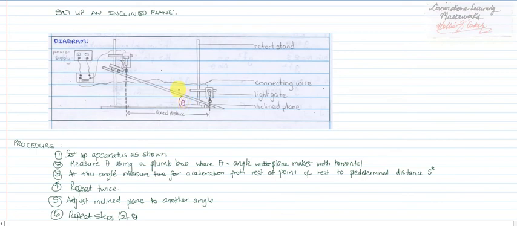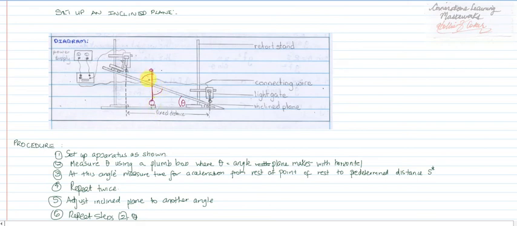The way you're going to do it is to hang a plumb bob, because it's very difficult to measure the angle directly. The plumb bob hangs perfectly vertical, and you take your protractor and measure this angle here. That angle is equal to this angle because they are vertically opposite, and this line comes down here and makes 90 degrees.